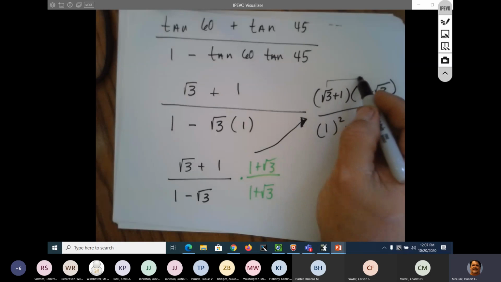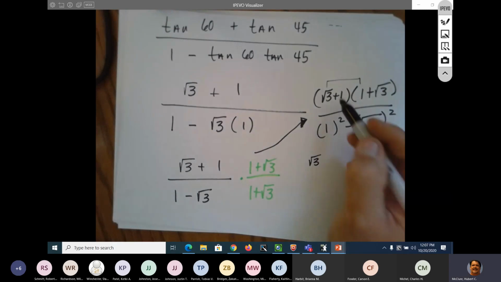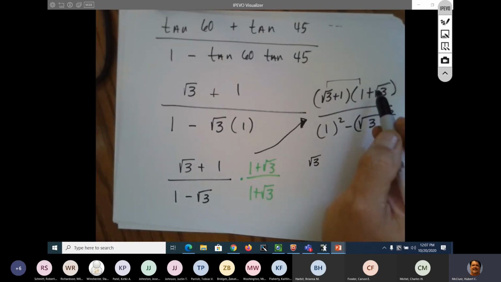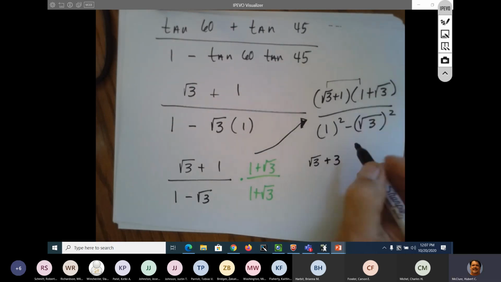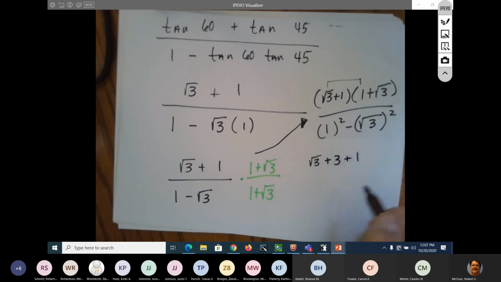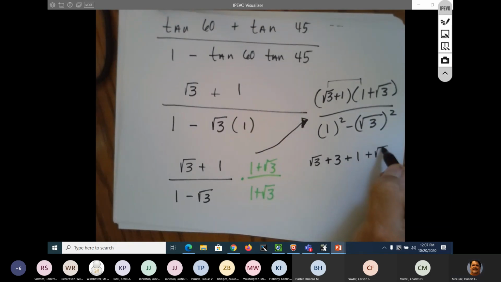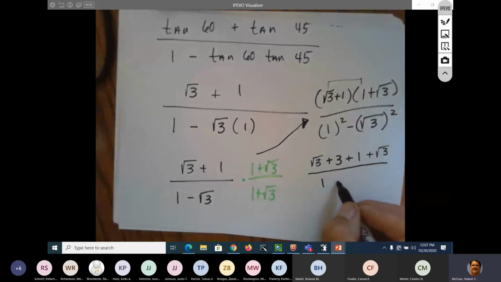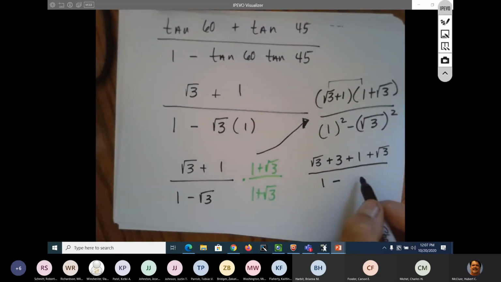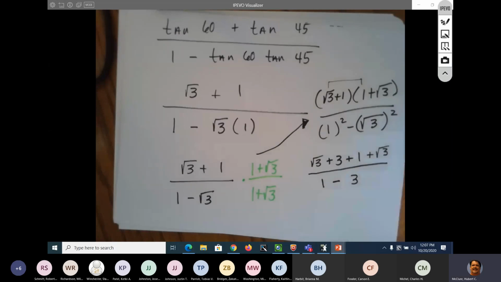First: square root of 3. Outer: square root of 3 times square root of 3 is square root of 9, and square root of 9 is 3. Then 1 times 1, and square root of 3. One minus what? 3, Hubert.